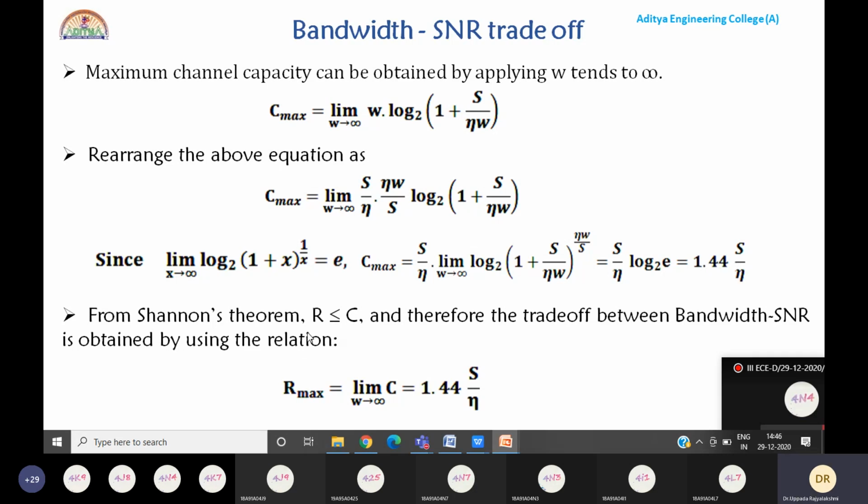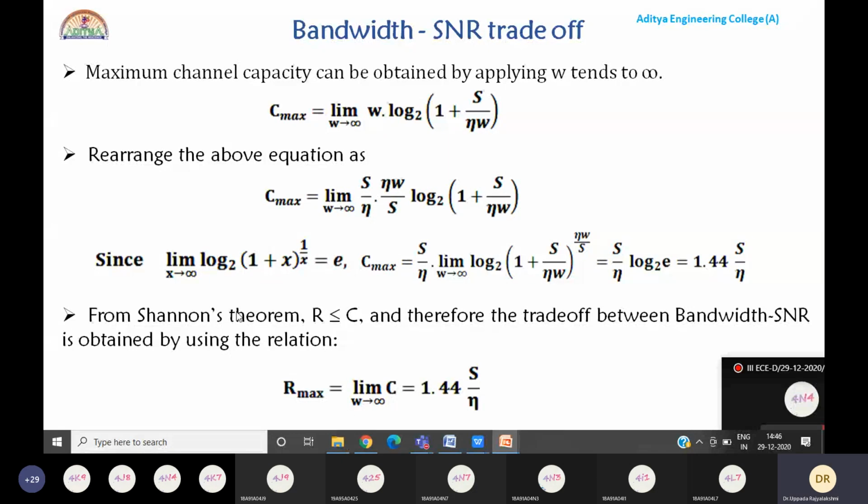So from Shannon's theorem, r is less than or equal to c. Okay, and so what is the value of r maximum? Maximum value of information rate is the channel capacity. And you can increase the channel capacity when omega tends to infinite.